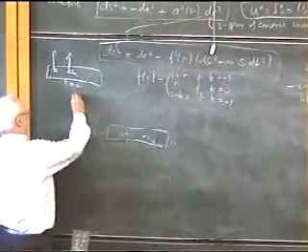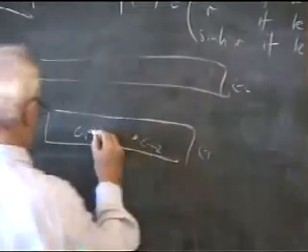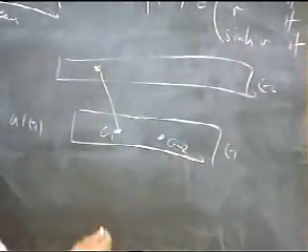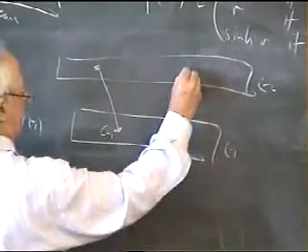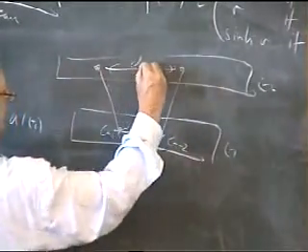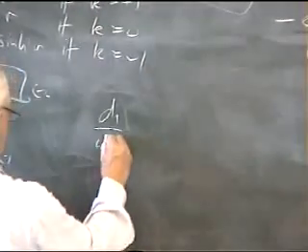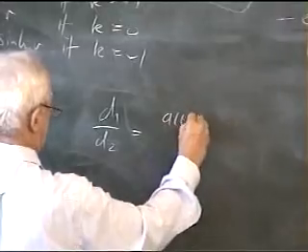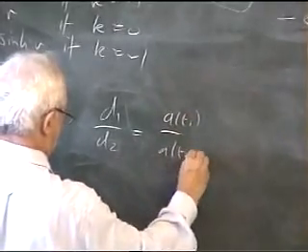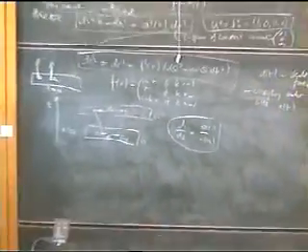Now, let time evolve, follow the universe through time, and you end up at a second time T2, and that galaxy will have moved there, and that galaxy will have moved there, and that will be the distance D1, and that will be the distance D2, and it follows from here that D1 to D2 scales as A at time T1 to A at time T2. All distances scale like that.